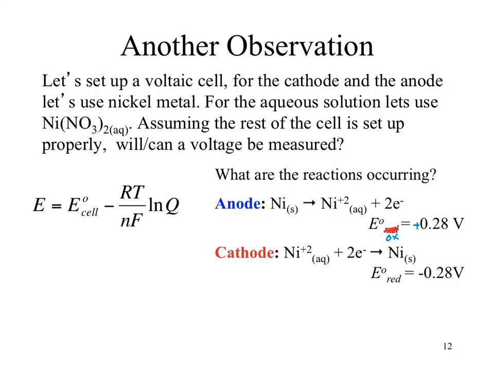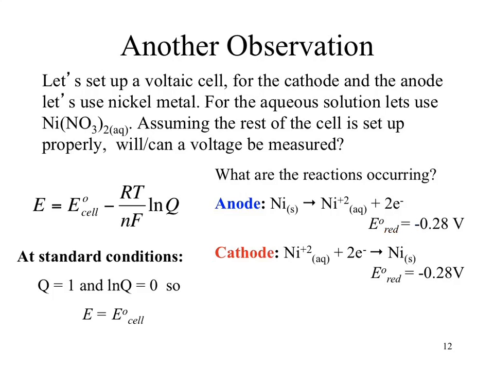What happens if we're not at standard conditions? Okay, so at standard conditions, Q becomes 1 because our product concentration, nickel ion at our anode, divided by our reactant concentration, nickel ion at our cathode, both those concentrations are equal to 1. 1 over 1 is 1.